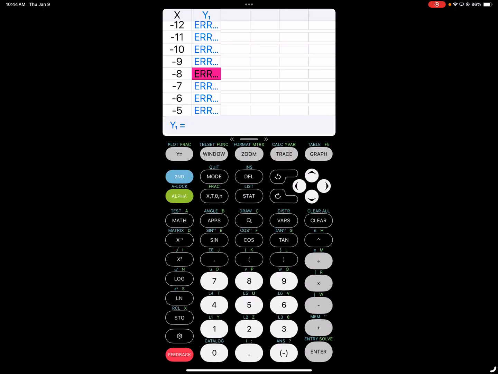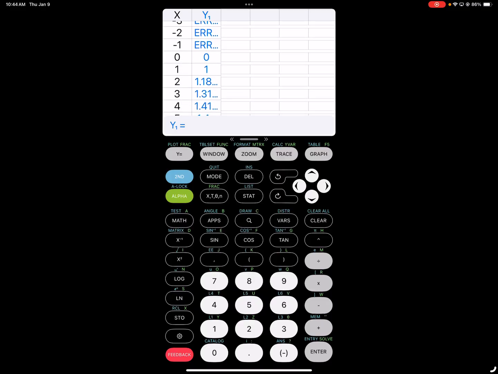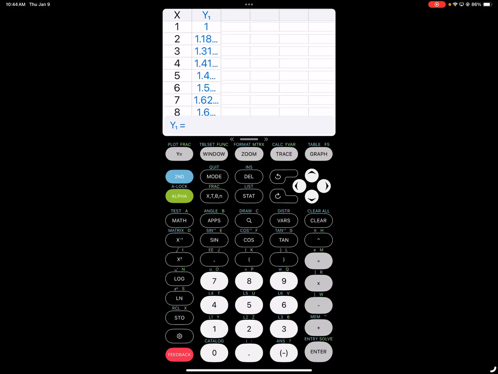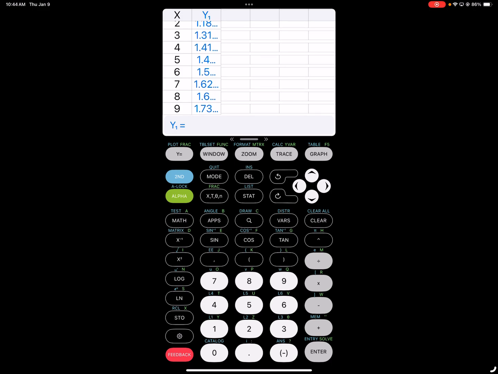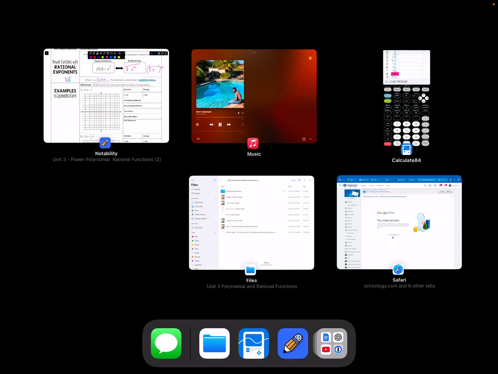So we go second graph, and we're going to grab some. So we've got 0, 0, 1, 1, and then this graph goes to 8 on the x-axis. So we're going to do 8, 1.6-ish. So we're going to graph that over here.